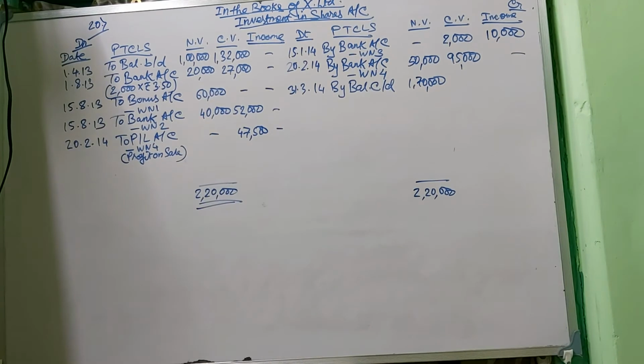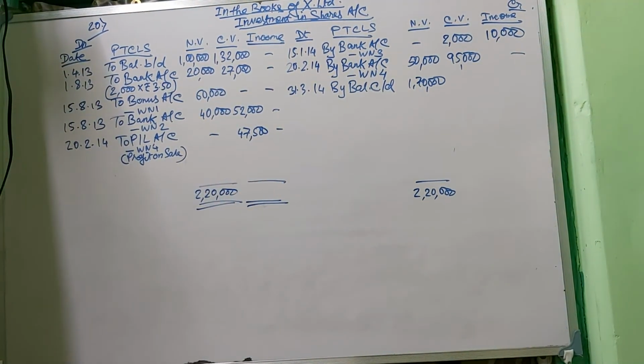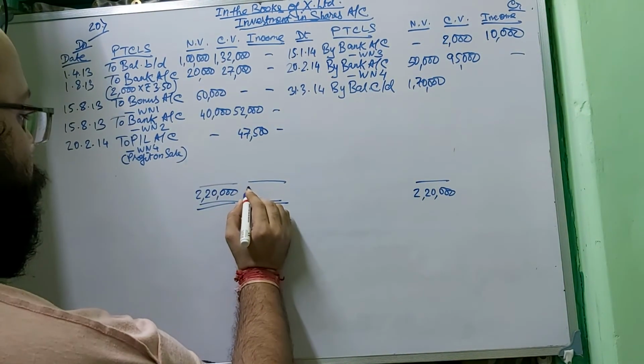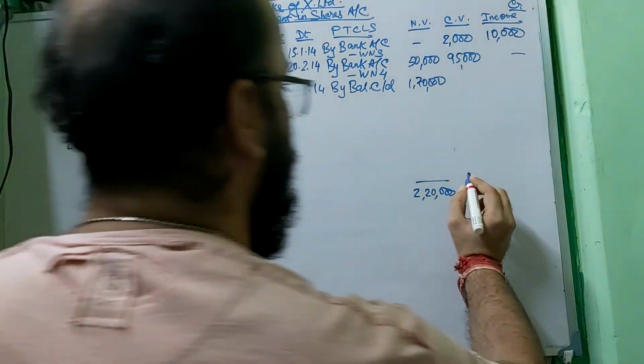Okay, 1,70,000. And if you calculate this thing, 1 lakh, 2 lakh 11 plus 47, 2,58,500. This is 2,58,500.